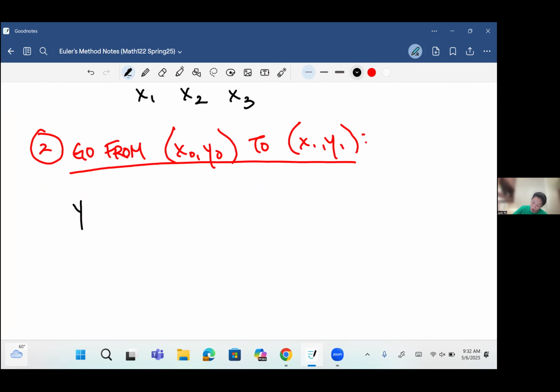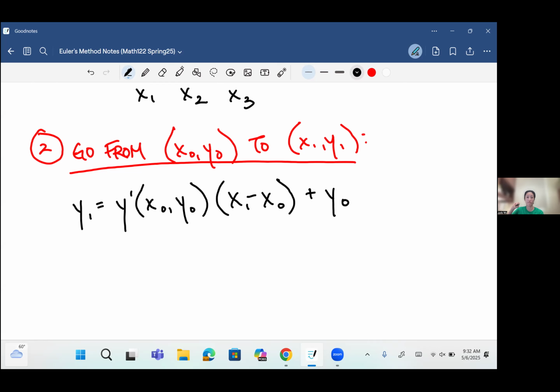So we've got y1 equals y prime of x0, y0 times x1 minus x0 plus y0. Okay, so this is probably the smoothest form of the equation. You can start back where we did in the last video, but that's more just to show where it comes from. This is probably a good place to start.